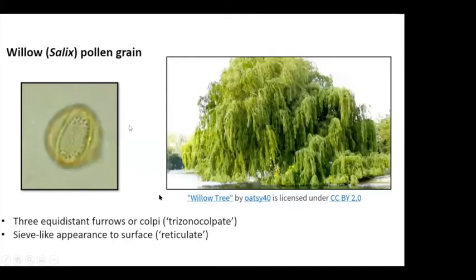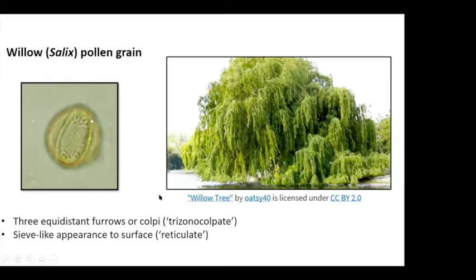Let's have a look at another common pollen grain, from a willow tree in this case. What you can see is this has got a different aperture system. Whereas the previous pollen grain had pores, this pollen grain has got long elongated slits in the surface that we call furrows, or in palynologist terminology, colpi.